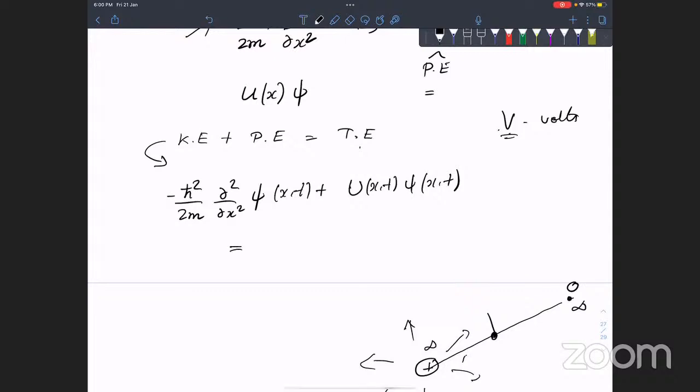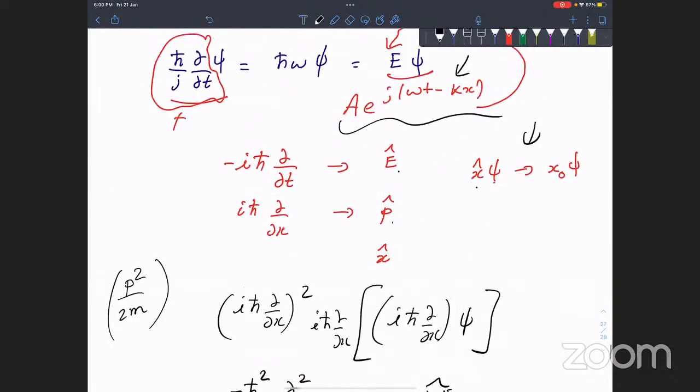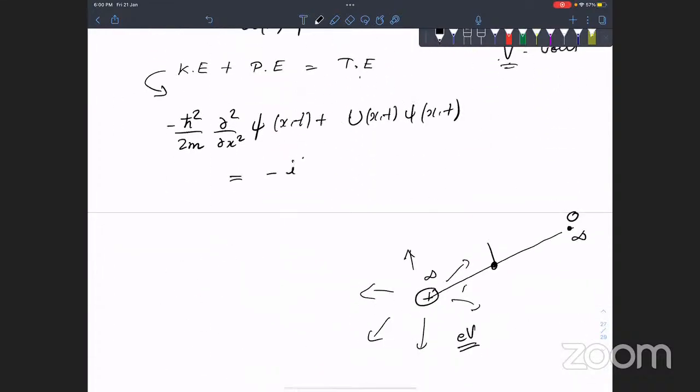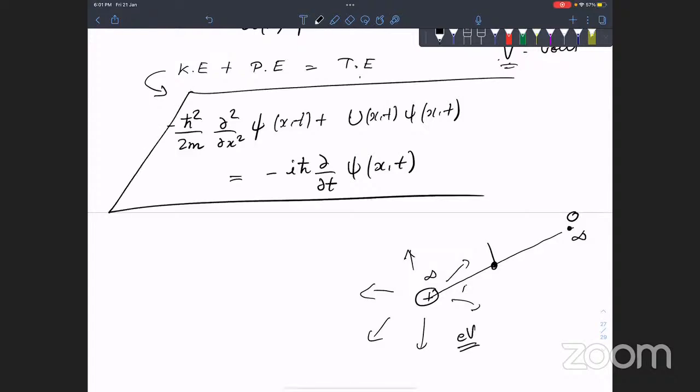So I'm going to say this is equal to, what is the total energy operator? It is i h bar partial by partial t, of psi of x and t. What is this equation? This is your Schrodinger's equation.